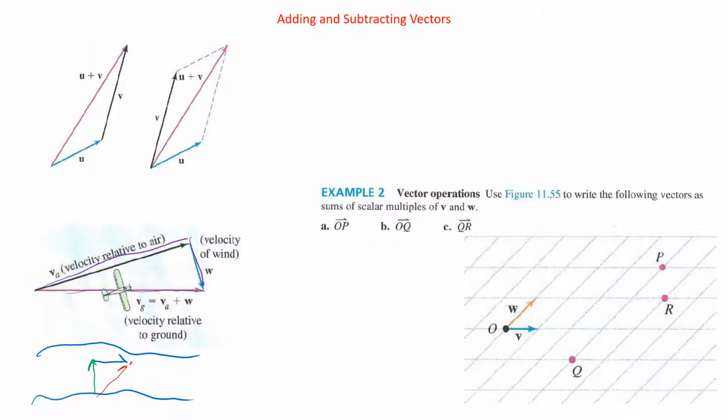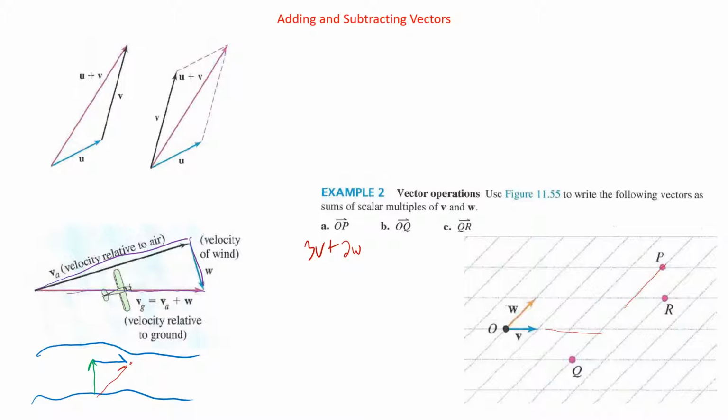So we want to go OP. So O starts here, we're going to go 3 over. So we'll have a 3v plus 2w.